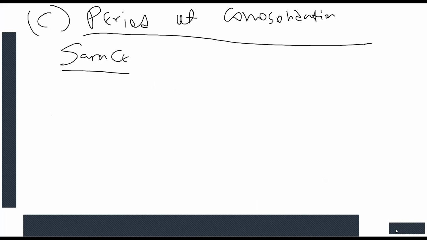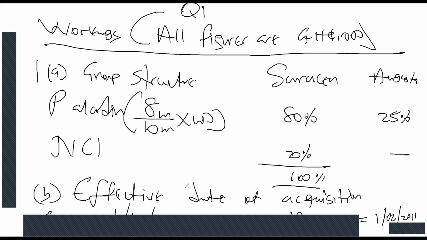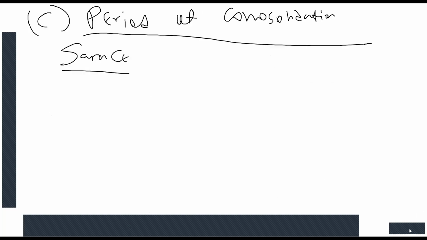Please, what will be the period of consolidation? We acquired 1st October 2010 up to September 2011. That becomes a full year, right? January, February, March, April, May, June, July, August, September. Yes, it's 12 months, 1 year.